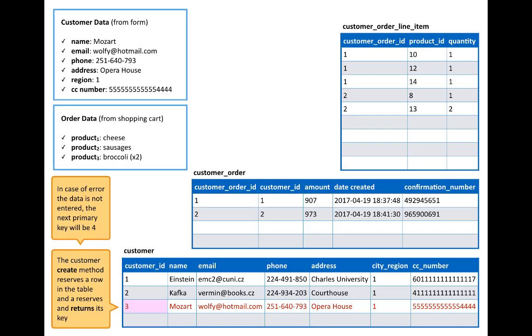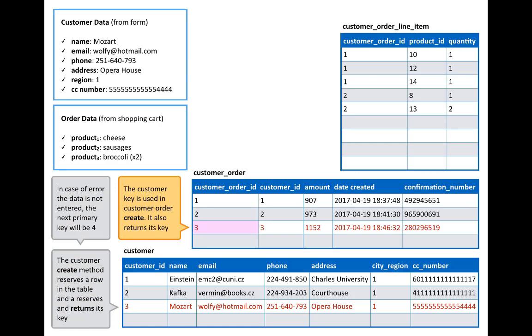So the create method for customer returns the primary key generated by the database, which in this case is 3. But the data hasn't been committed yet. If an error occurs and the data is not committed, the next primary key generated by the database will be 4.